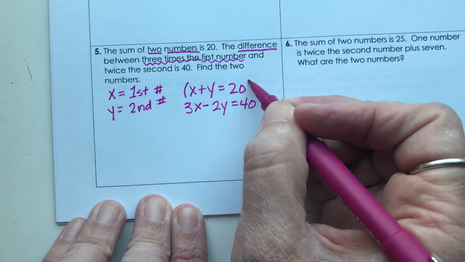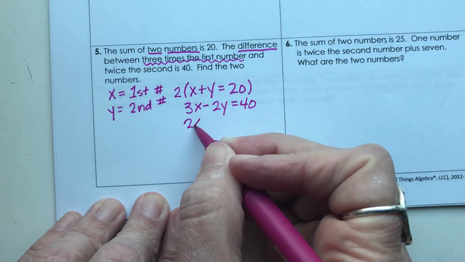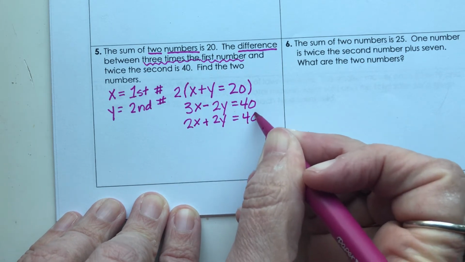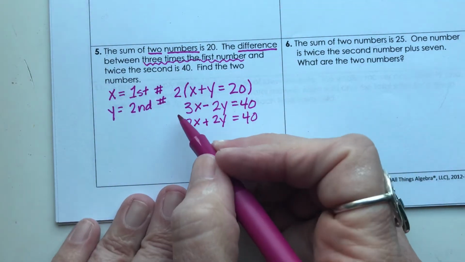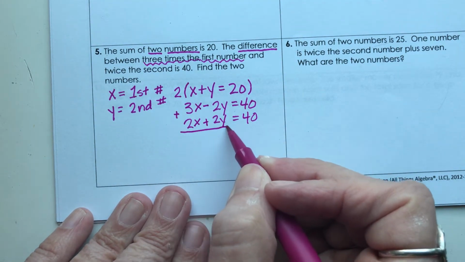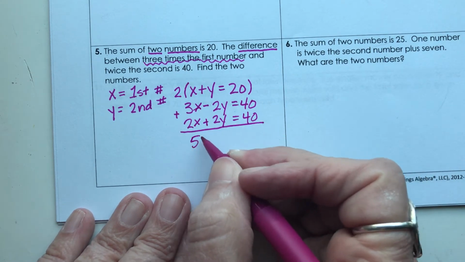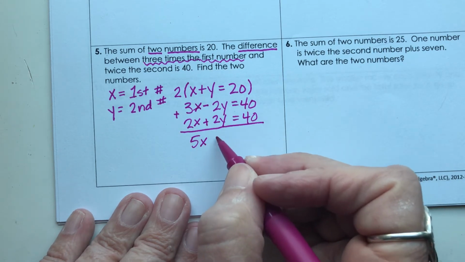if I multiply this equation by 2, then I'll have 2x plus 2y is equal to 40. Now, if I add these 2 equations together, what am I going to get? 3x plus 2x is 5x. Negative 2y plus 2y is 0.